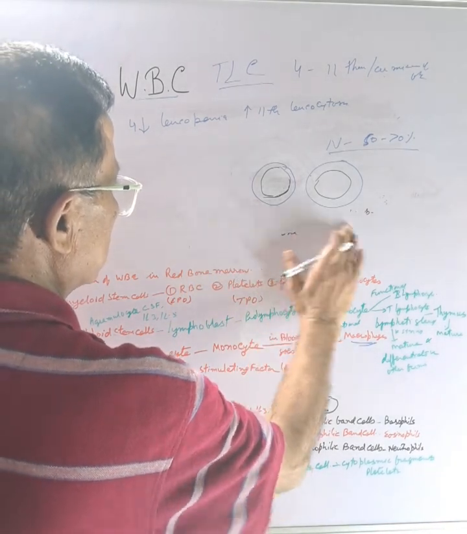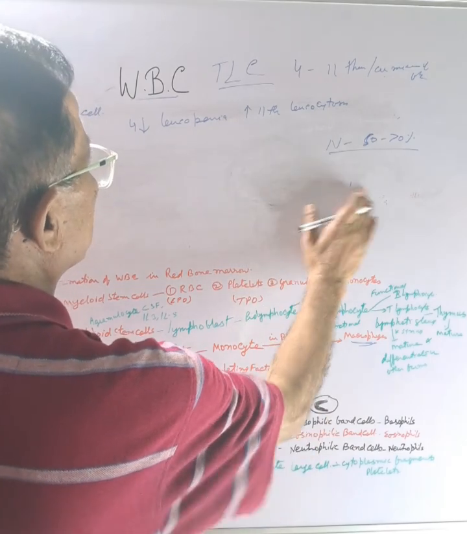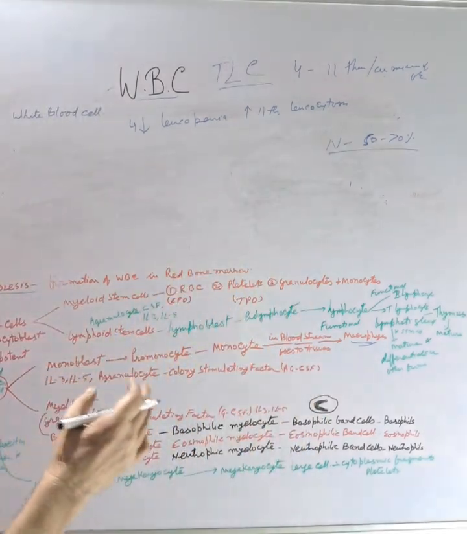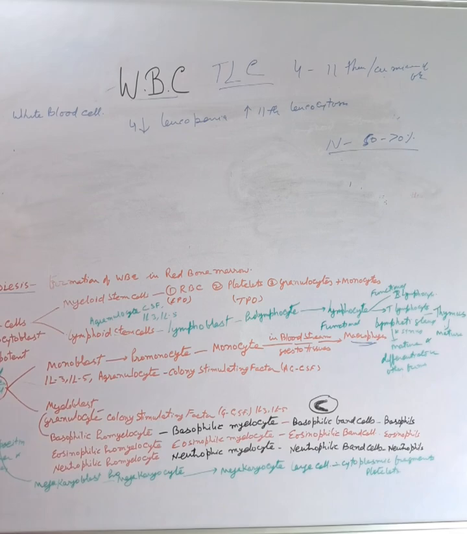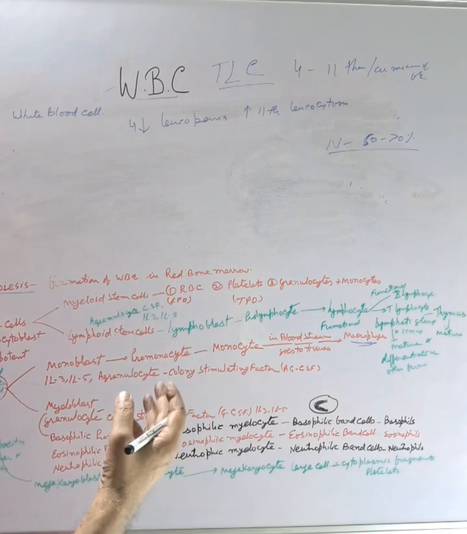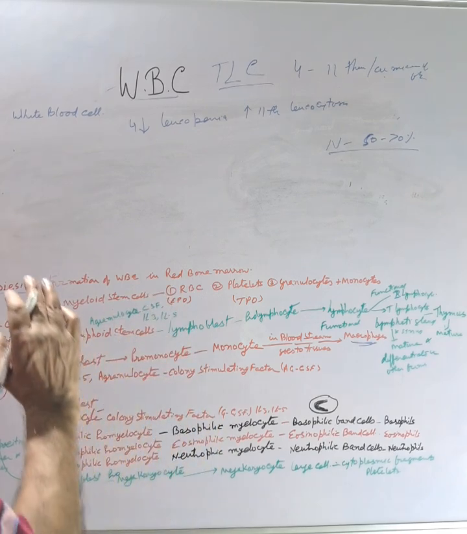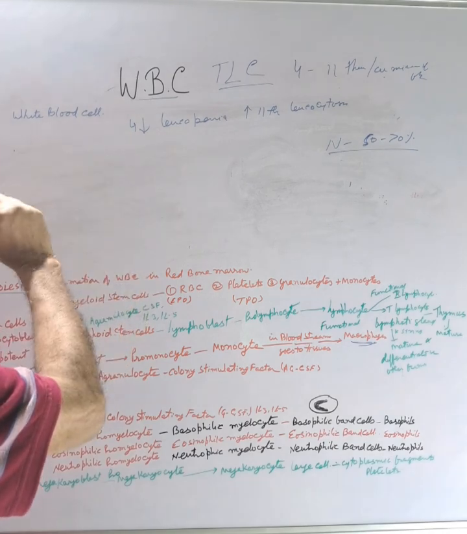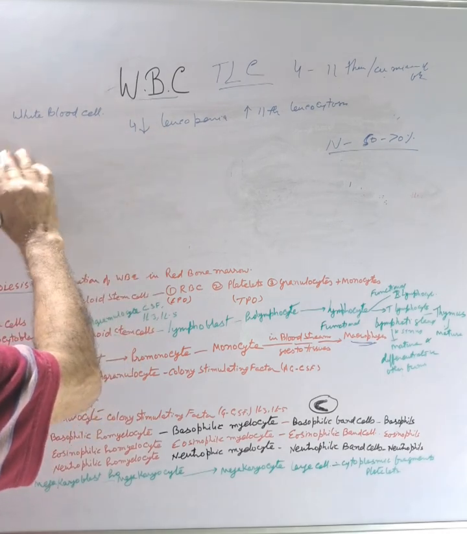Up to now, just to sum up. What is leukocytosis? Leukocytosis means when leukocyte count is more than 11,000 per cubic millimeter. Leukopenia is when it is less than 4,000 per cubic millimeter.